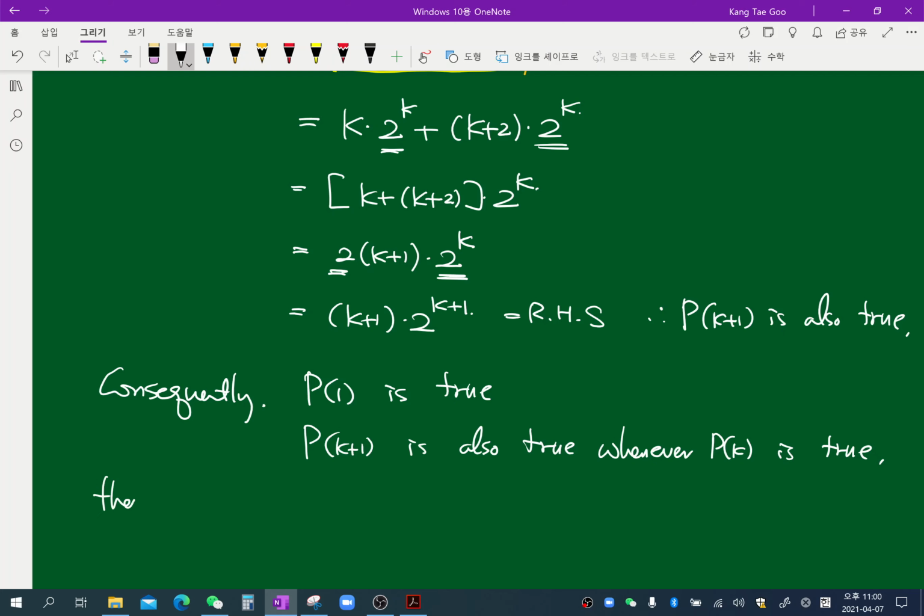Therefore, we say that Pn is true for all values of n which are positive integers.